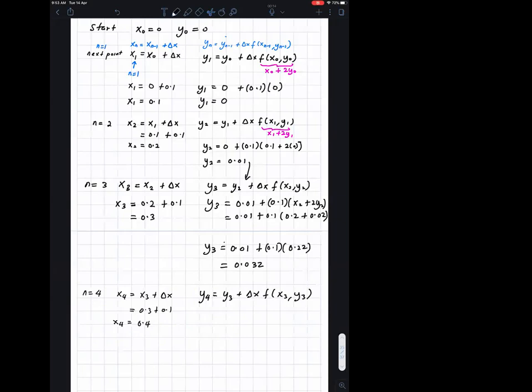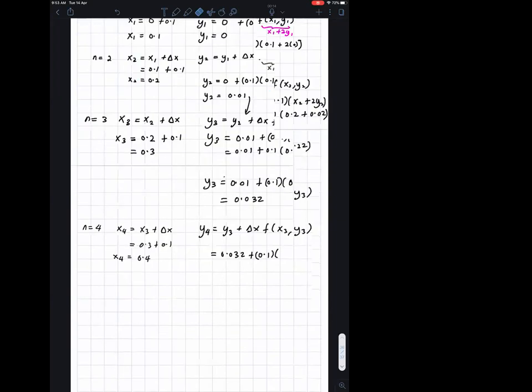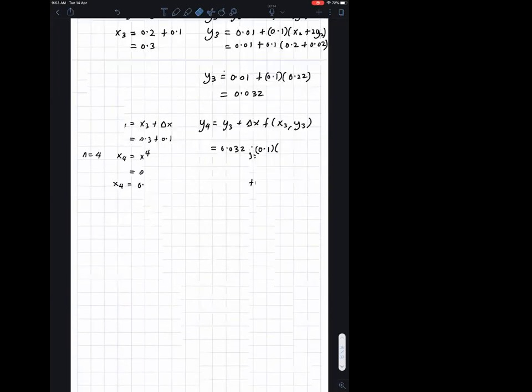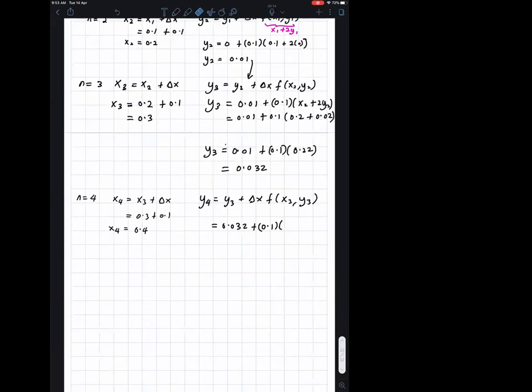Y3 we calculated earlier was 0.032, plus delta X 0.1 multiplied by F(X3, Y3), which is X3 plus 2Y3.